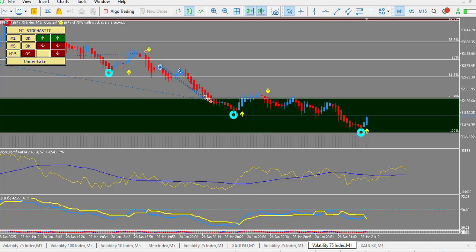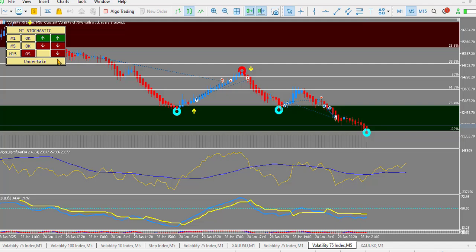Now let's check this analysis on the M5. Then we will want the stochastic indicator of M15 to be in agreement with M5. I'm only scalping on M5, so I'm looking for M15 to be in agreement. And here is still the same analysis, though we have this at this buy zone, and this is pointing up, but it's not going to be fast.